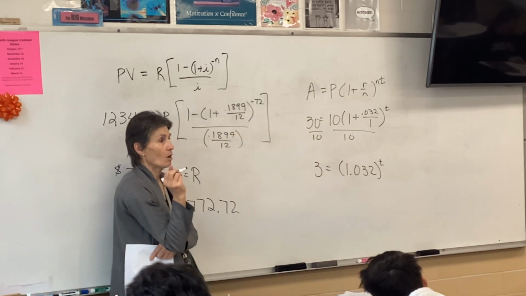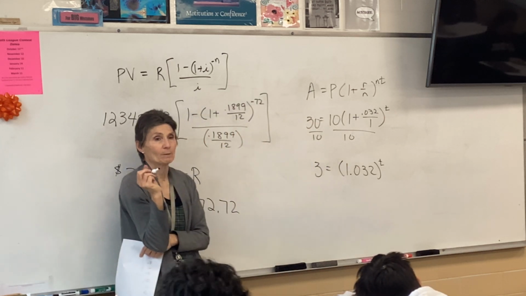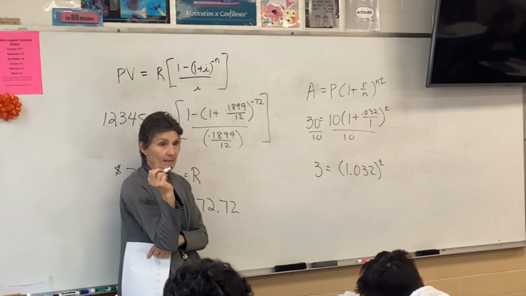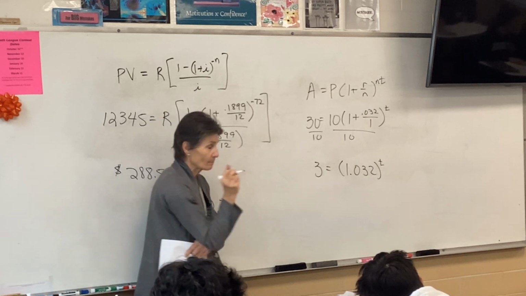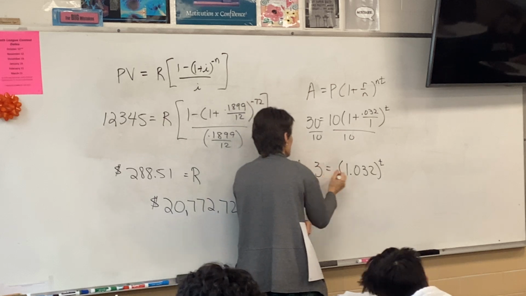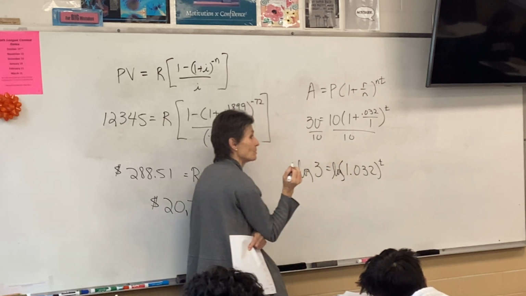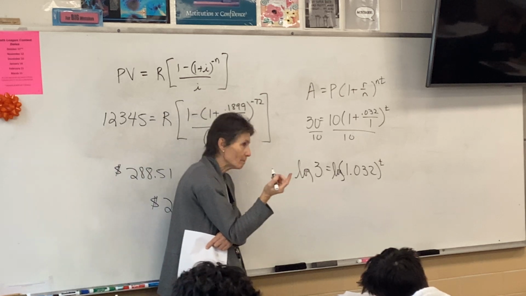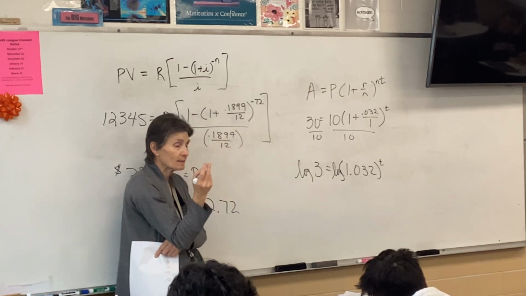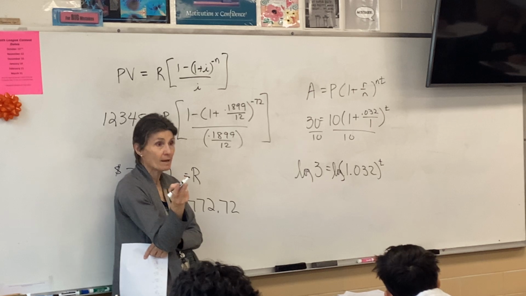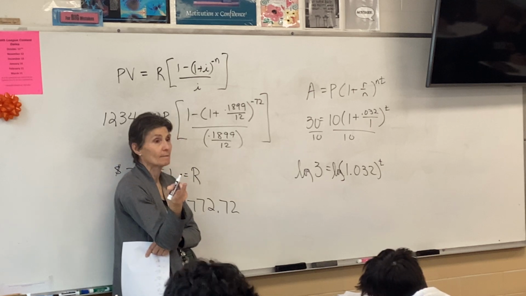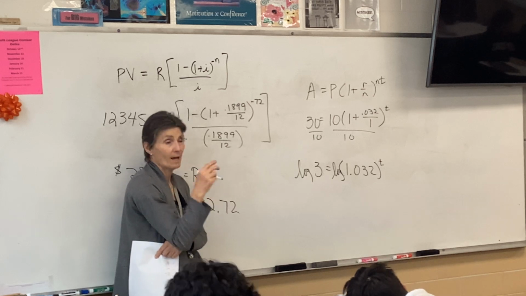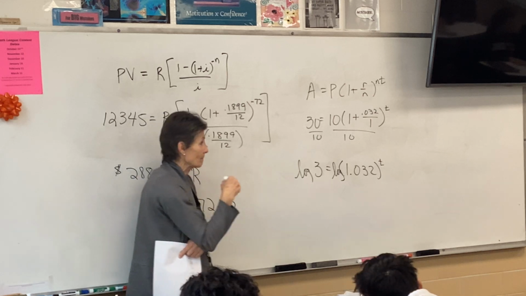Now, how do I solve that? Look where your variable is. You take a log. Sometimes I use ln. I could here, it wouldn't change anything, but you always can use ln, you always can use log. It never matters. If the problem has an e, ln makes it easier.